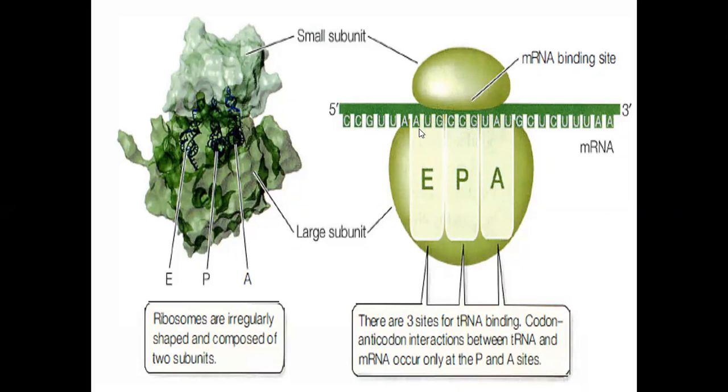And then when it moves 3 bases again, it will end up in the E site. So the ribosome keeps moving. Let me just draw. It keeps moving in this direction. So at one point, this would be the A site. Then at another point, it will become the P site. Then at another point, another 3 bases, it will become the E site.